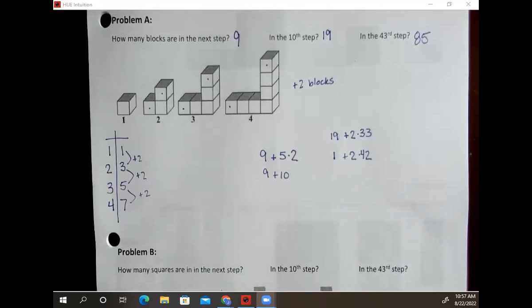Don't stay stuck, move on. So if you get stuck on problem D, move on to problem E, okay? Again, you can work with someone if you would like, and then we'll catch up in a few minutes, okay? Again, you're answering those same questions. How many in the next step? How many in the 10th step? And how many in the 43rd step?